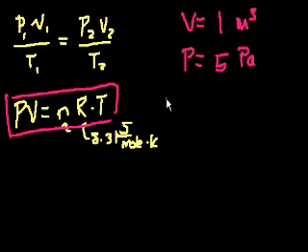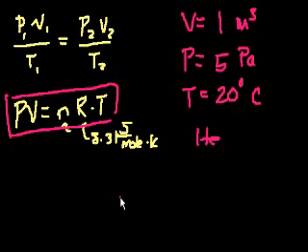And that's newtons per meter squared, right? And let's say we're at a reasonably warm temperature, so temperature is equal to 20 degrees Celsius. And let's say that balloon is filled with helium. So my question to you is, how many molecules of helium do I have in the balloon?